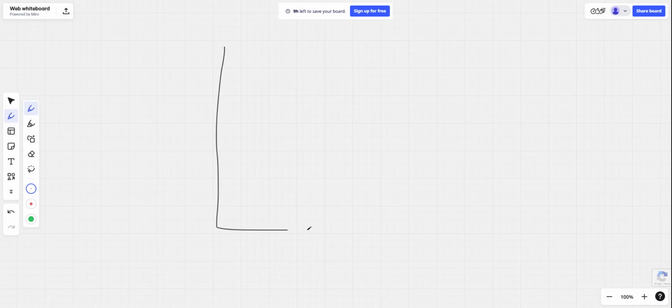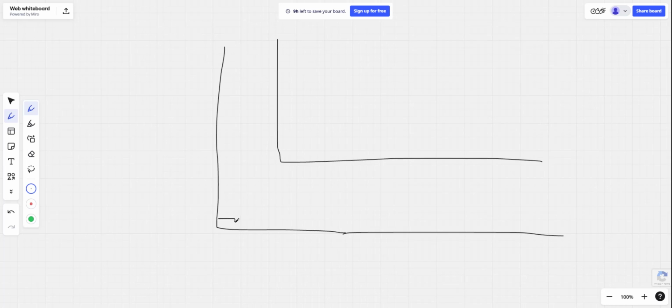So let's say we have a corridor here with a right angle intersection, and in this corridor we have a super senior trying to get with a freshman. Now, the freshman is running away at a rate of 3 meters per second, and the very determined senior is chasing at a rate of 7 meters per second.